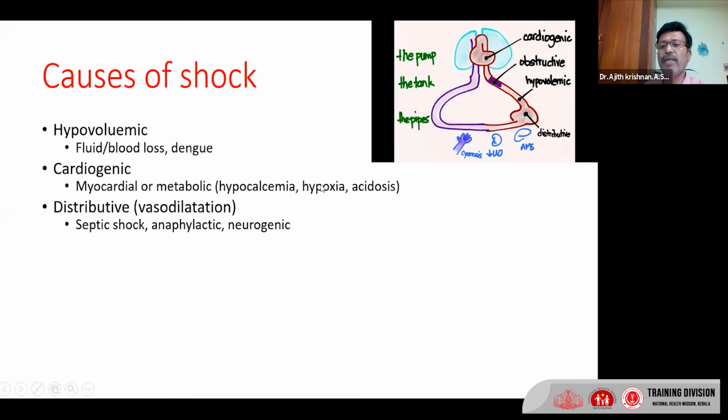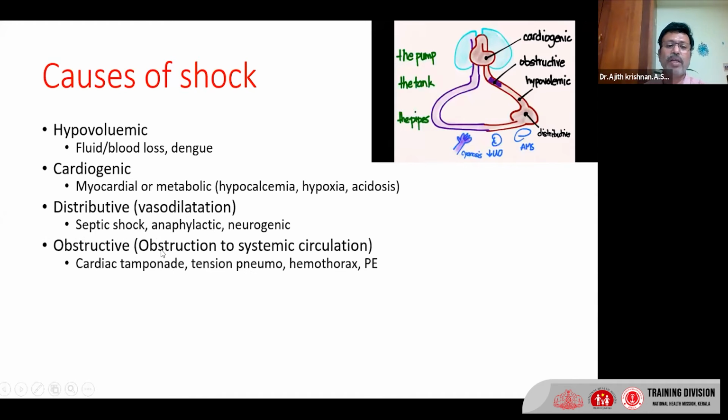The systemic vasculature is dilated, which usually happens in septic shock, anaphylactic shock, and neurogenic shock, as in transection of the spinal cord. There is an abnormal distribution, the peripheral circulation is dilated, so that the BP falls. So that is distributive shock, and then obstructive shock.